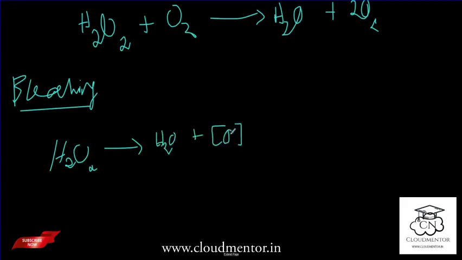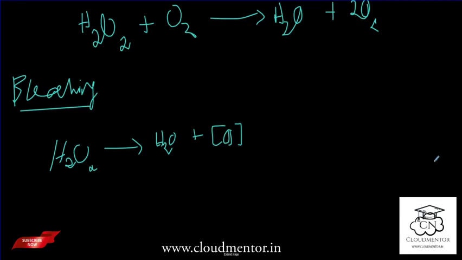Nascent oxygen or nascent hydrogen are always shown in square brackets, and the nascent oxygen combines with the coloring matter, which in turn gets oxidized. This coloring matter reacts with the nascent oxygen to give colorless matter, and it bleaches delicate materials like silk, cotton, wool, hair, feather, ivory, and so on.